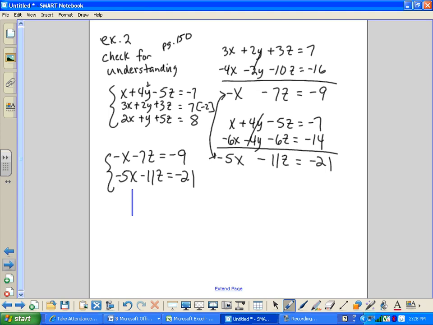And so my 2 by 2, I think I'm going to choose to eliminate the x here. So this one's -5x. I need the top one to be +5x. So I'm going to multiply the top here by -5. So that's going to give me +5x plus 35z equals 45. And let me recopy the second one here.